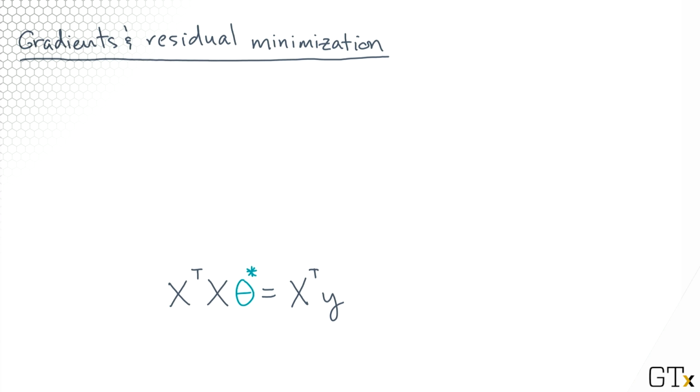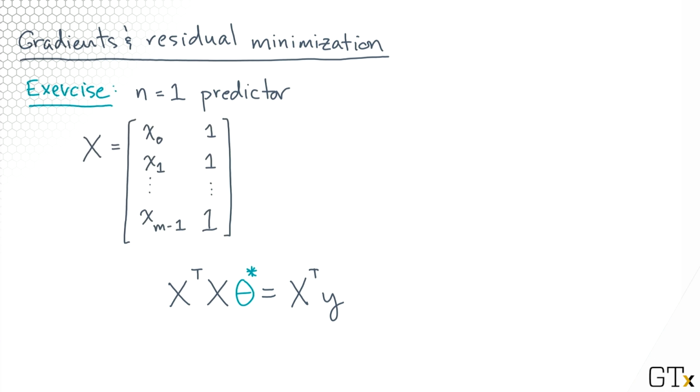Now let me suggest one final exercise. Remember the case of a single predictor, or n equals 1. In this case, the data matrix, capital X, is just a single column of predictor values for each observation, along with one extra column of ones. Now remember that this extra column allows our linear model to have an intercept term.